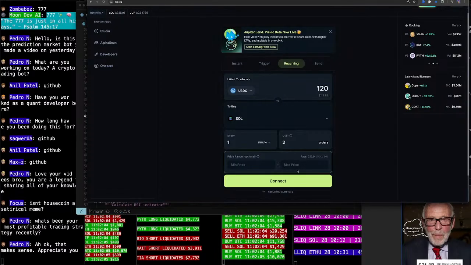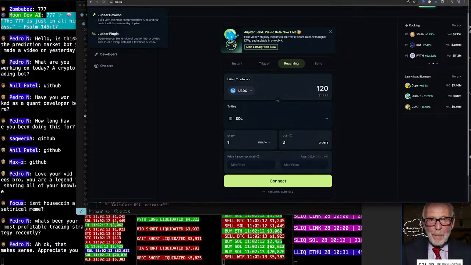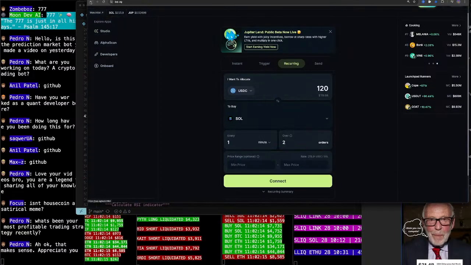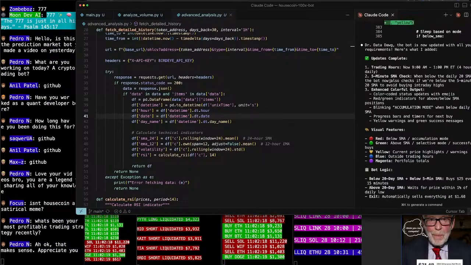But I do want to buy every day on the intraday because I think it's going to just outperform this by leaps and bounds. As you saw, the spread within the day can be like 20, 30%. Okay, great. The bot is now updated with all your requirements. Here's what I added. Updates complete. Trading hours 9 a.m. to 1 p.m. Eastern, 4 hours daily. 5-minute SMA checks.